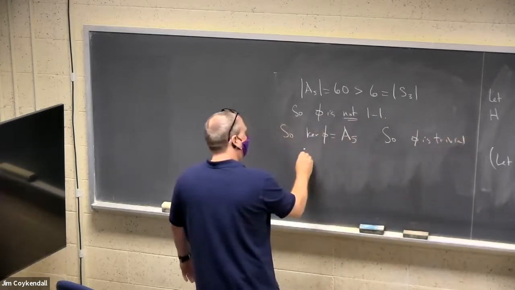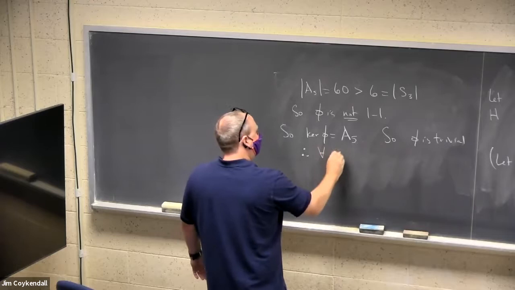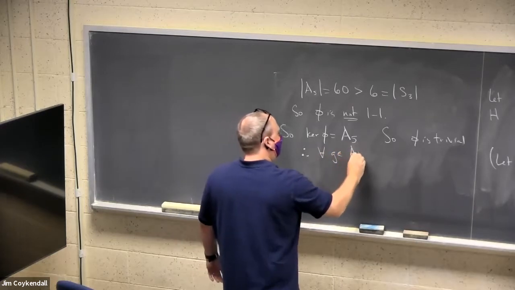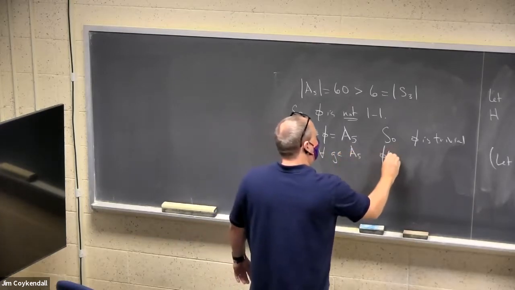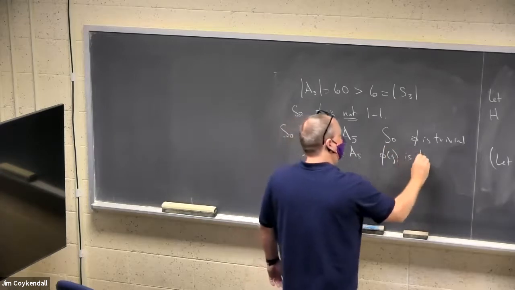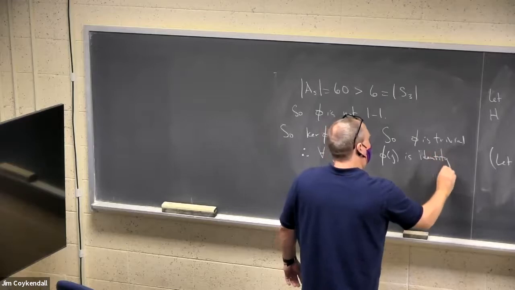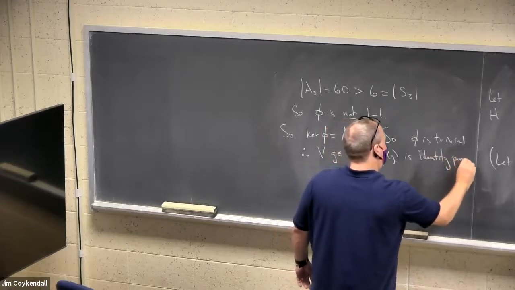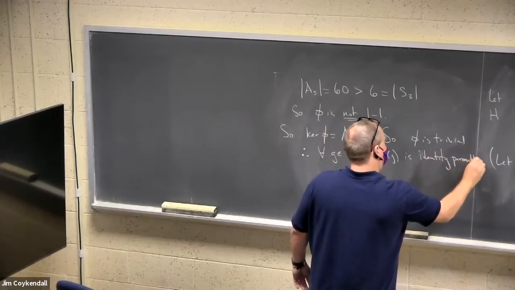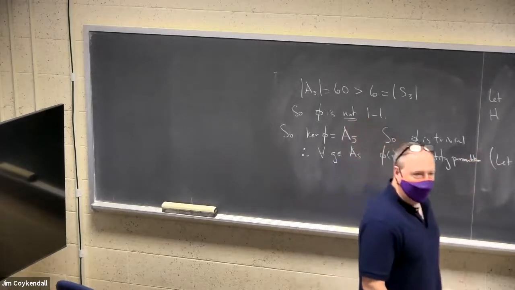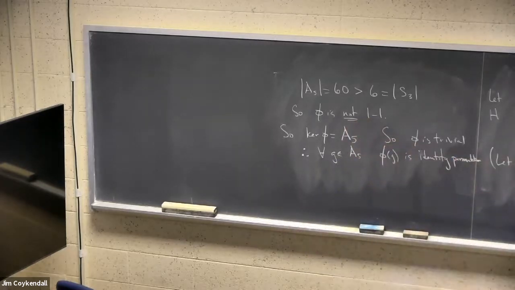Therefore, for all G in A5, P of G is the identity permutation. Somebody tell me what's wrong with that? There's something very wrong with that.